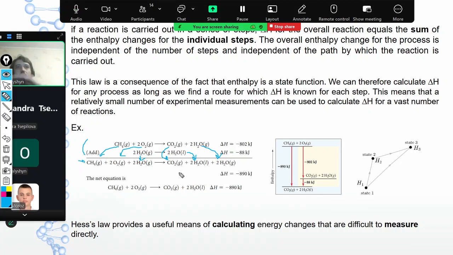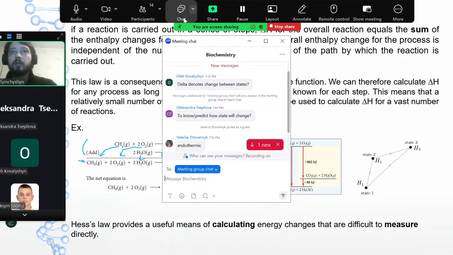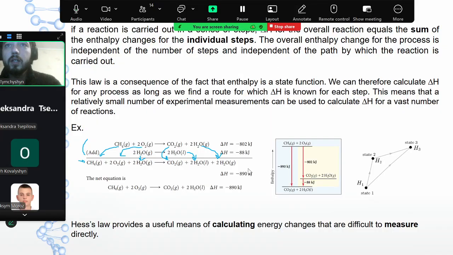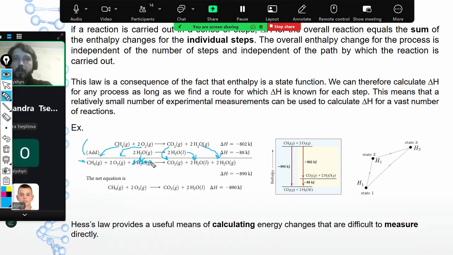Think of it as an algebraic equation. H2O gaseous. Yes, absolutely correct. So this thing and this thing may be removed. And here is the final equation that we get. And if I add these two deltas, I get the delta H for this final equation.